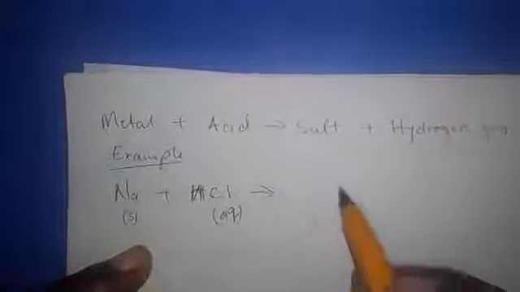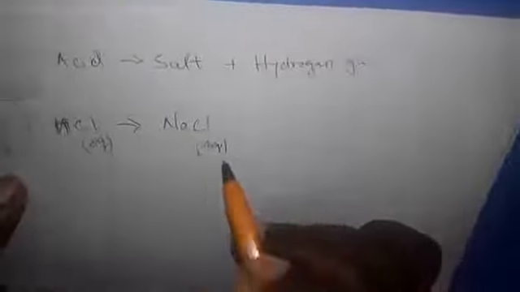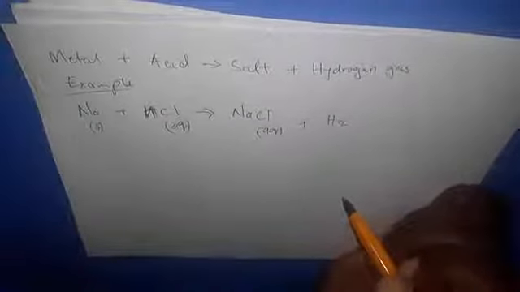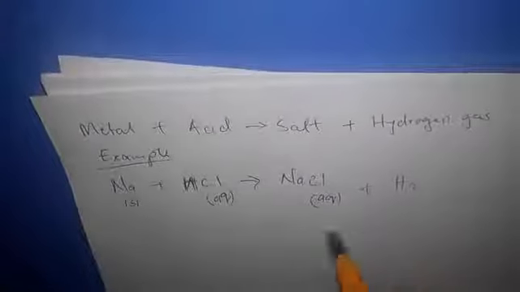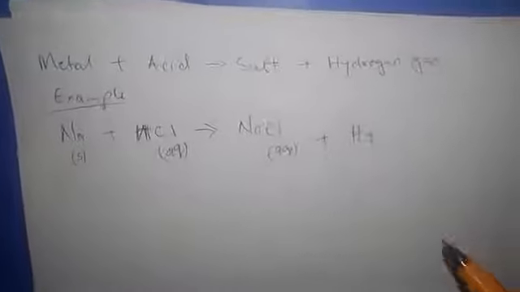We expect a salt which is sodium chloride, which is aqueous, plus hydrogen gas. Now after you've reacted a metal with an acid, you form a salt plus hydrogen gas, as we had stated earlier. But if you look at this equation, it is not yet balanced.